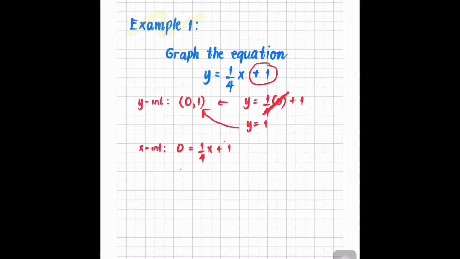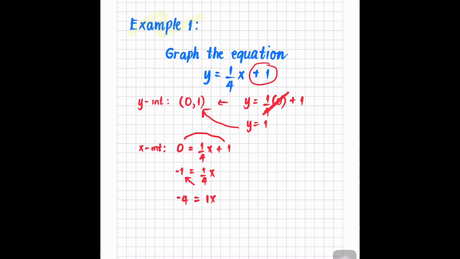Positive 1 will move to the left, so that will become negative 1 equals 1 over 4x. Then we can multiply the entire equation by the LCD, or the lowest common denominator, which is 4. Or you can do it by multiplying 4 by negative 1, which is negative 4 equals 1x.